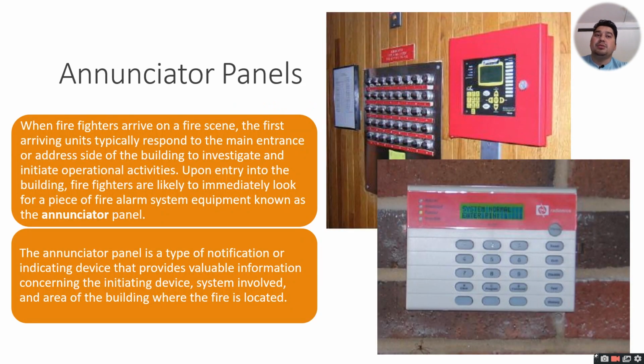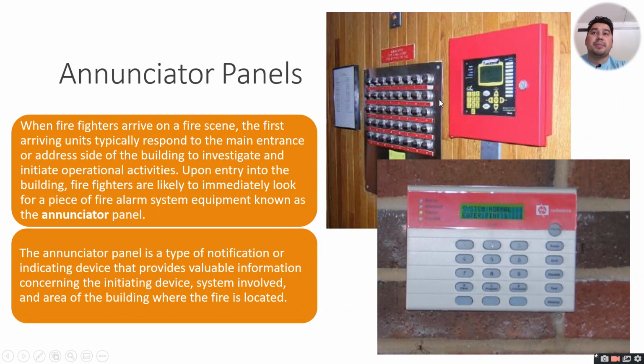Now annunciator panels. We'll look into the annunciator panels. When the firefighter arrives on the fire scene, the first arriving units typically respond to the main entrance or address side of the building to investigate and initiate operational activities. Upon entry into the building, firefighters are likely to immediately look for a piece of fire alarm system equipment known as the annunciator panel.